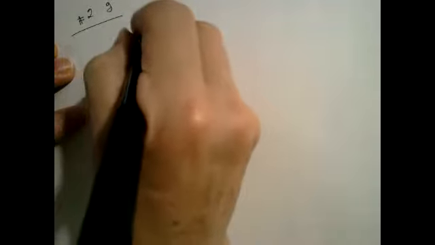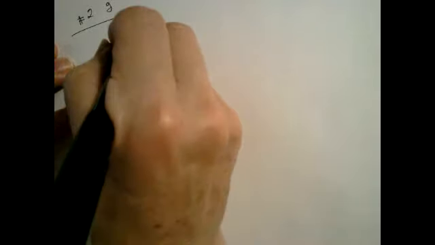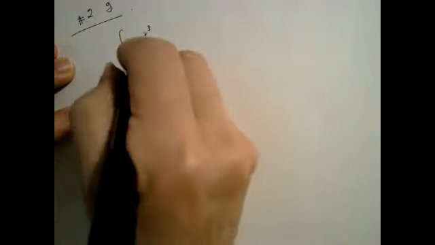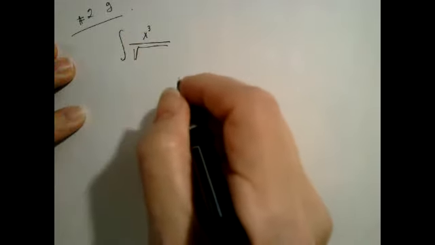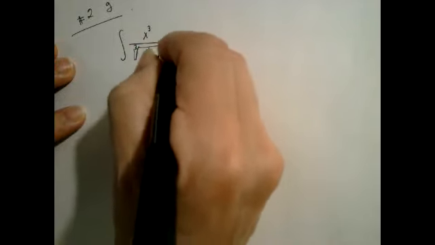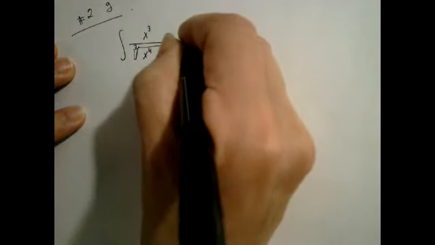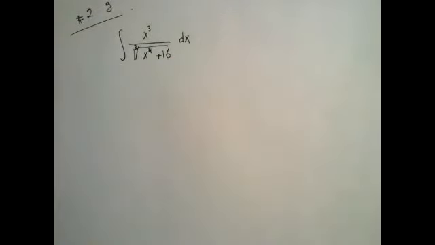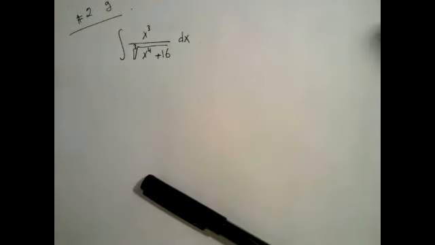So we need to find the antiderivative of the following: x to the power 3 divided by the cubic root of x to the 4 plus 16 dx. Okay. All right. Ideas. What do you see?